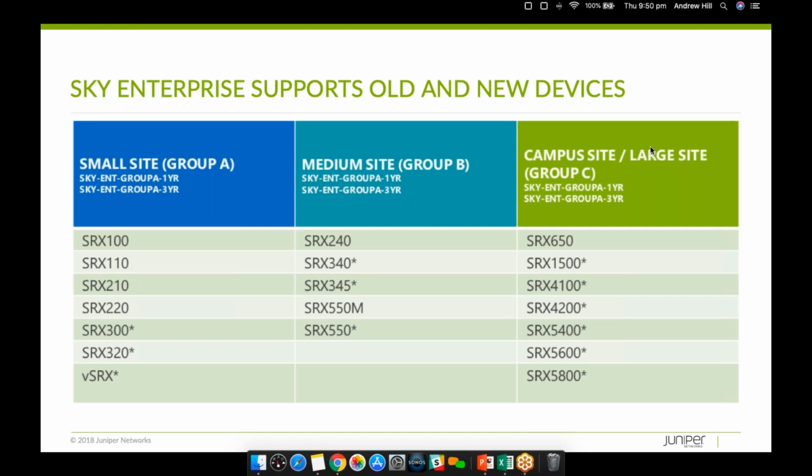Okay, and the next question here, is there any control over the outbound connection to Sky Enterprise when using different VRFs?